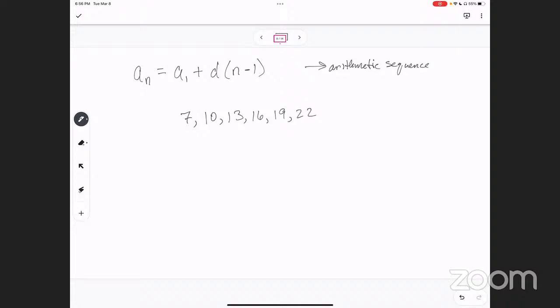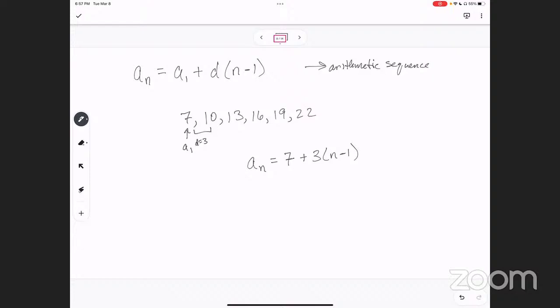And if you wanted to write the formula out, here's your a sub 1, and your common difference is 3. They got that? So your formula would be a sub n equals 7, that's your first term, plus what's d? 3. 3 times n minus 1.